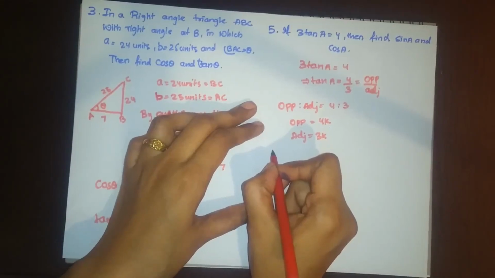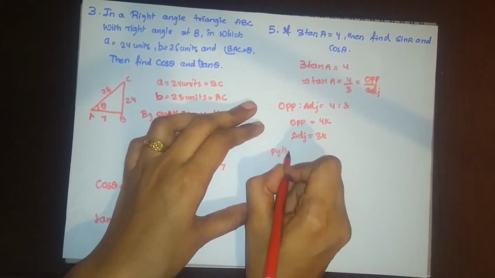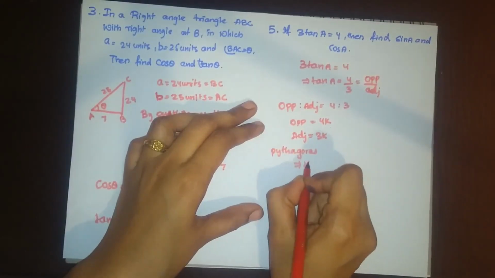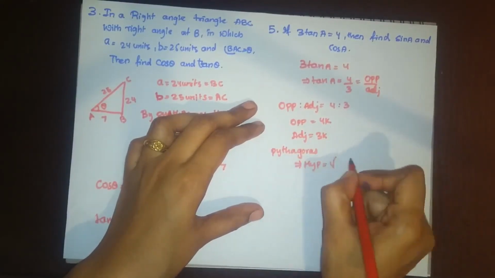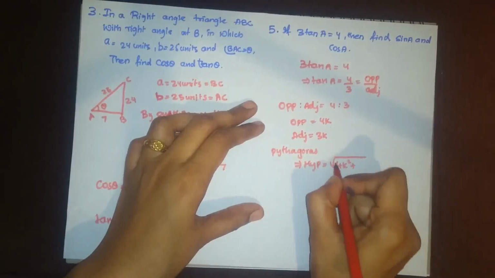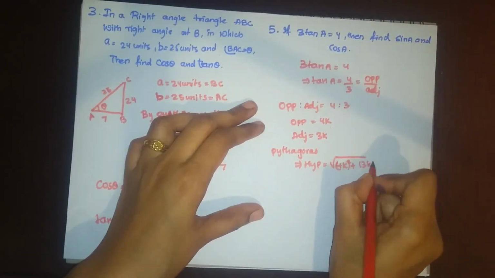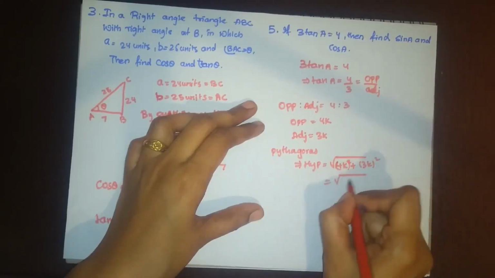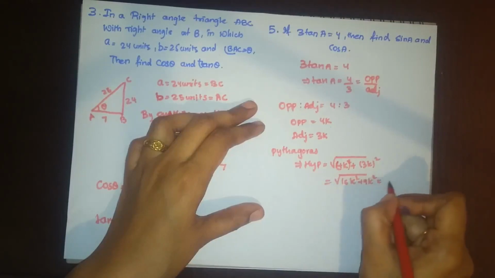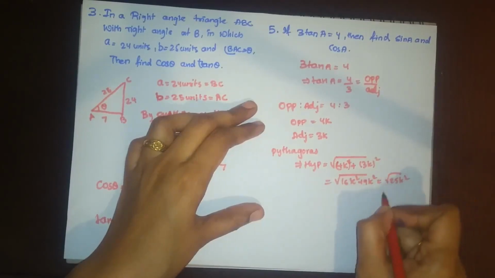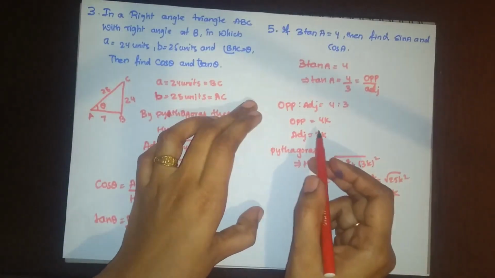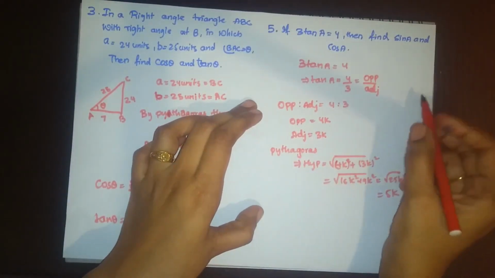Now, from Pythagoras theorem, hypotenuse is equal to the square root of 4k square plus 3k square, which is equal to the square root of 16k square plus 9k square, which is the square root of 25k square, equal to 5k. Here we got the values of opposite, adjacent and hypotenuse.